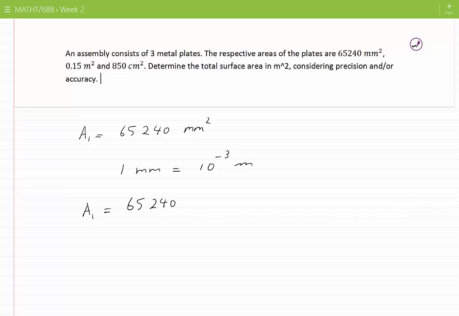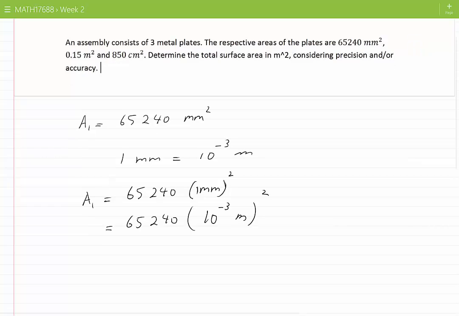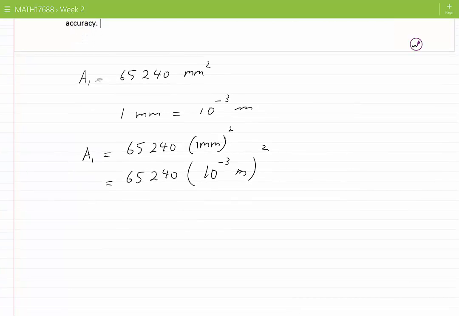Therefore, I can say that A1 is 65240, and instead of millimeters squared, I can write it like this, so it's quite obvious what we're dealing with: 1 millimeter to the power of 2. I can write instead of that 10 to the power of minus 3 meters squared. And this becomes 65240 times 10 to the power of minus 6 meters squared.